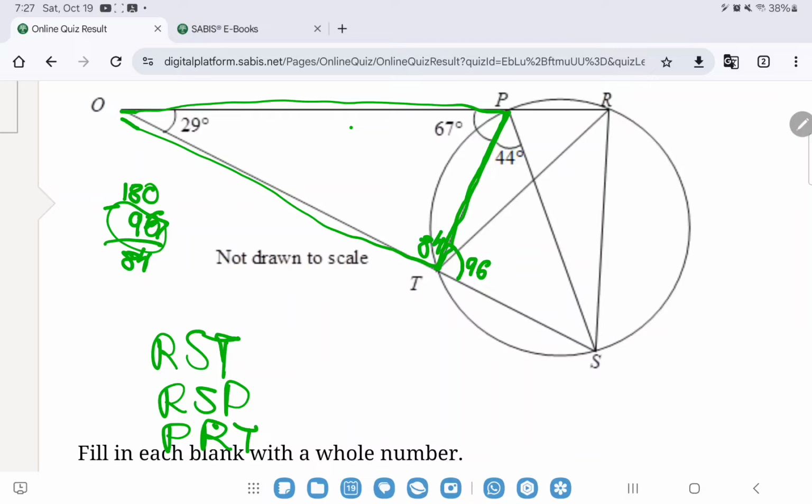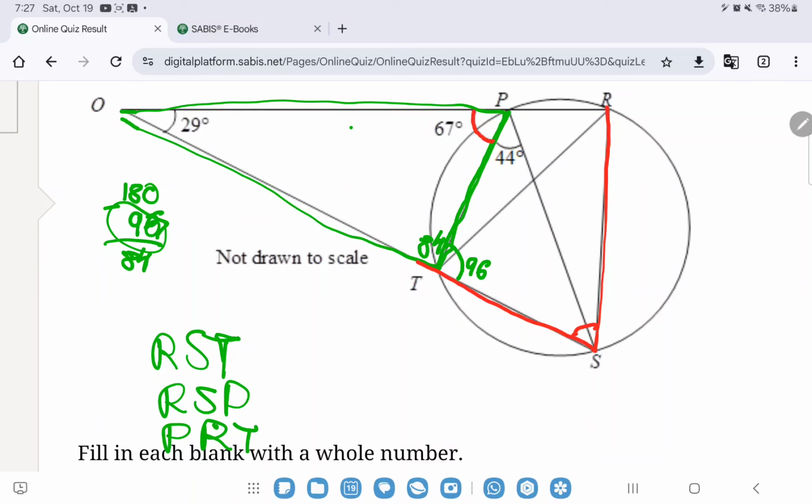The first angle we're going to find, by the way, is RST. This angle here, we need to find it. As we can see, they're in the same triangle as this. Wait, actually, let's not use this triangle yet, because we don't have enough given for this triangle. Let's just find as much info as we can.